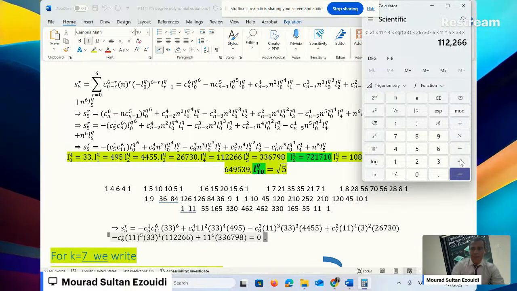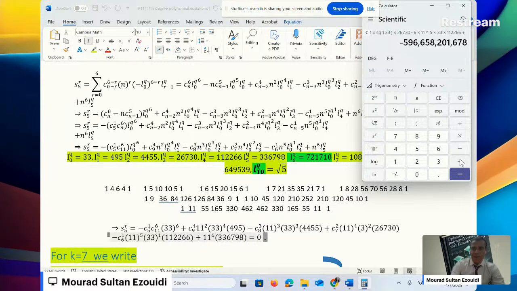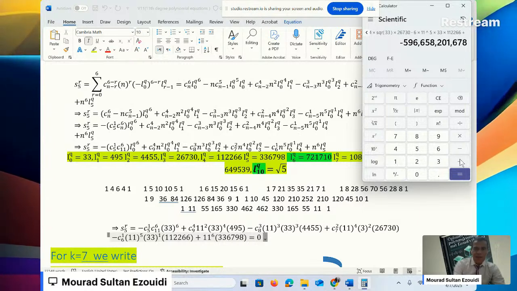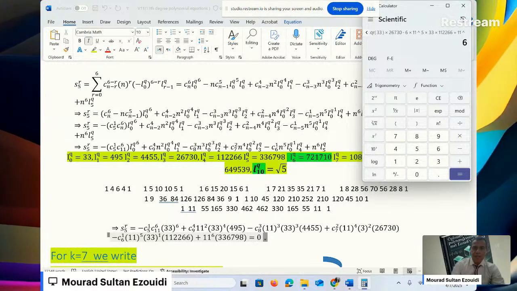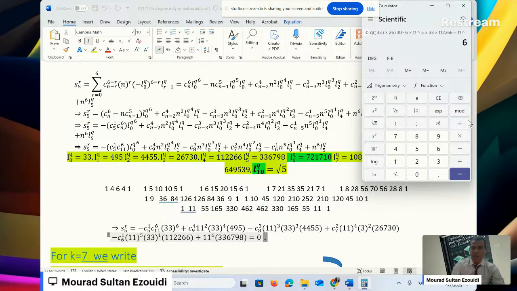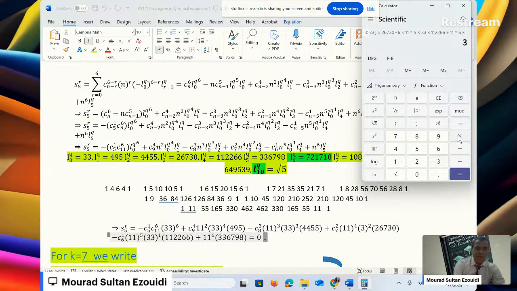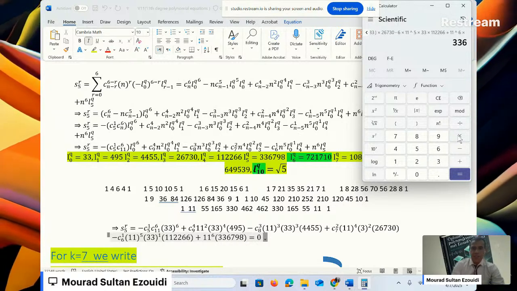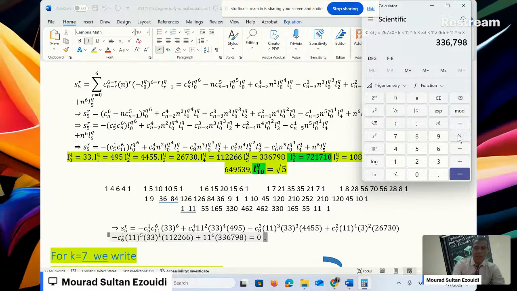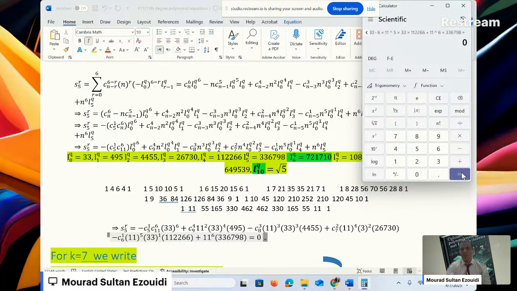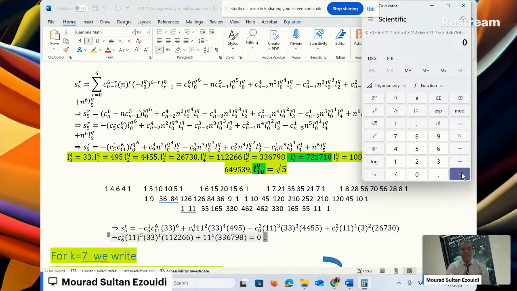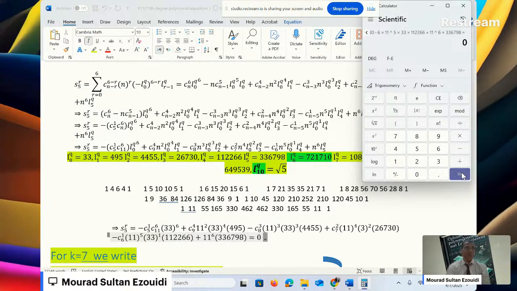Then plus, last one, 11 raised to the power 6 times 336,798. This one, my kids, has to be equal to 0. Clear.